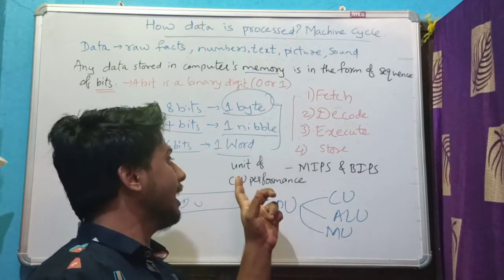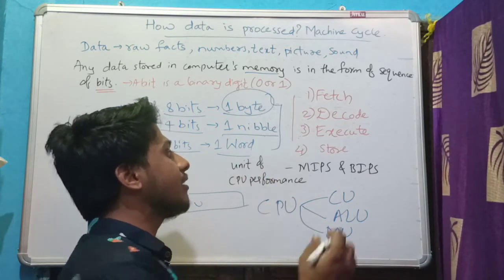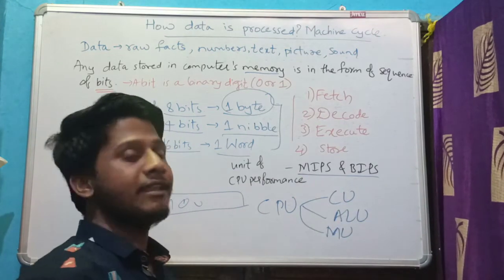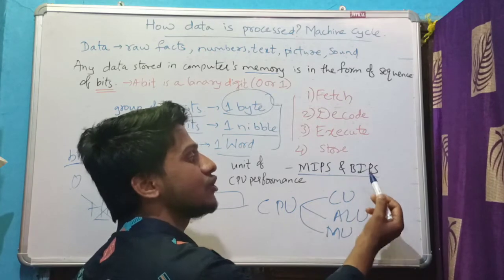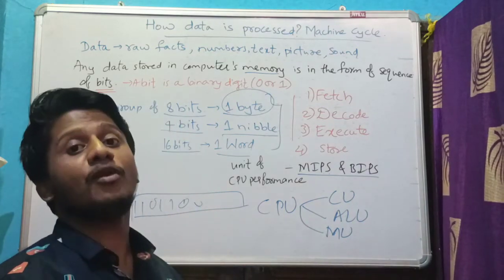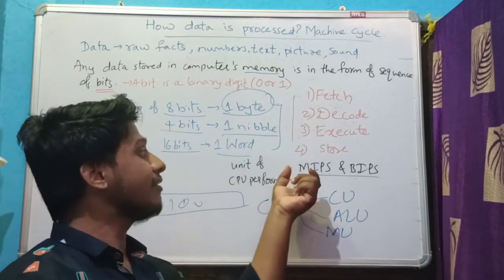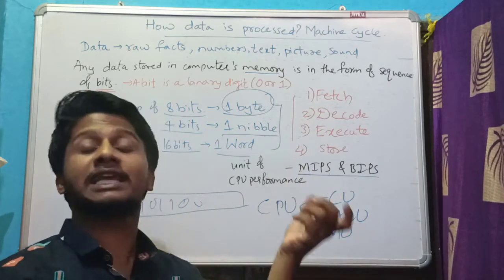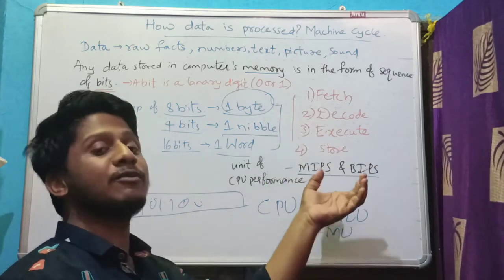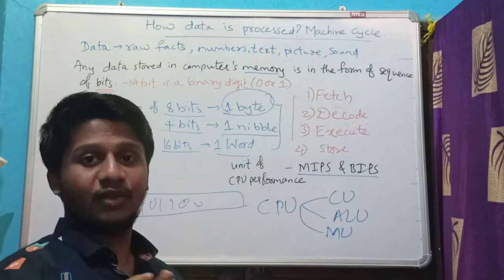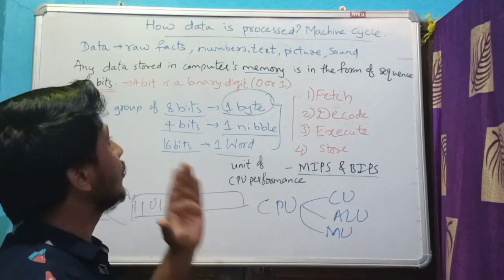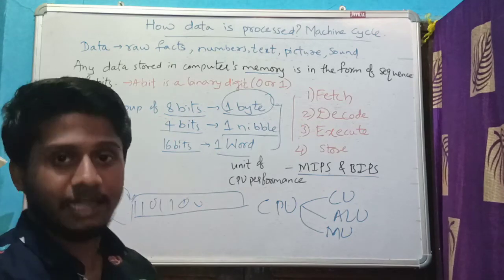That's why the unit of CPU performance is MIPS and BIPS, that is, millions of instructions per second and billions of instructions per second. It tells how many instructions the CPU executes per second. Understood? This is how the CPU processes the data.